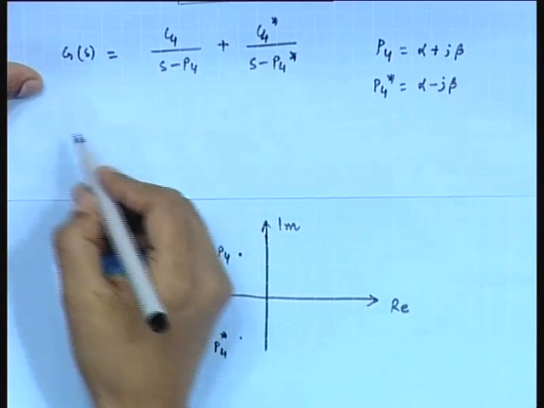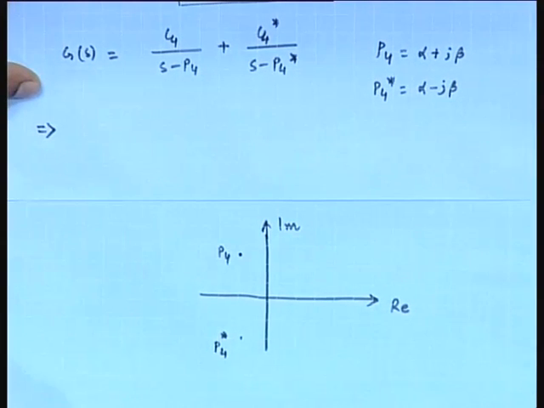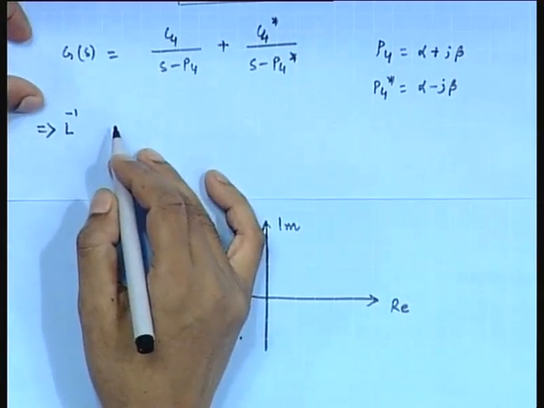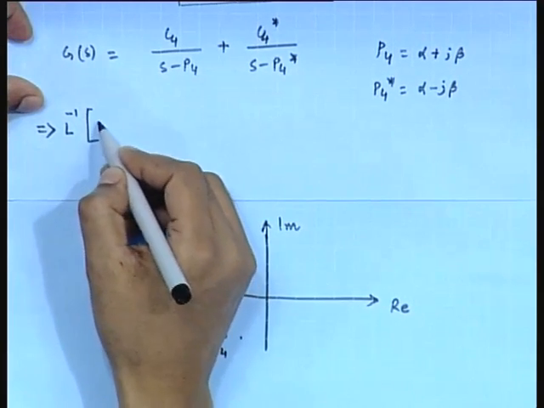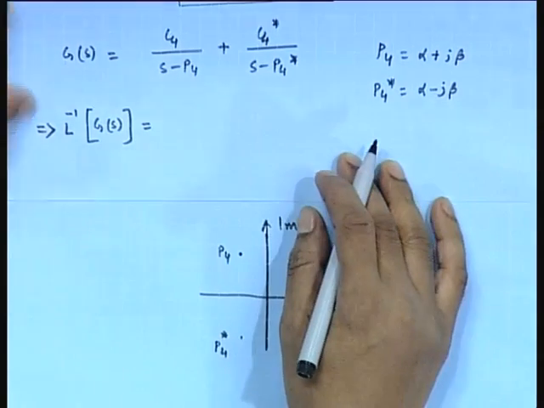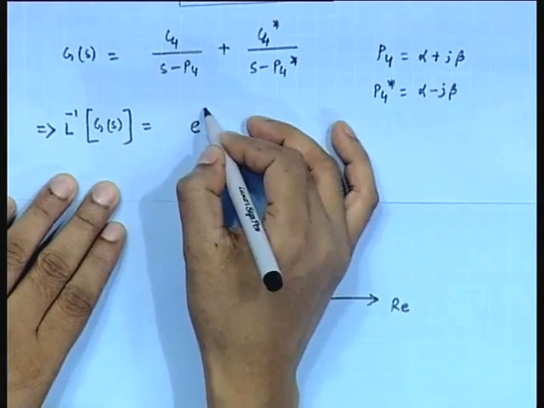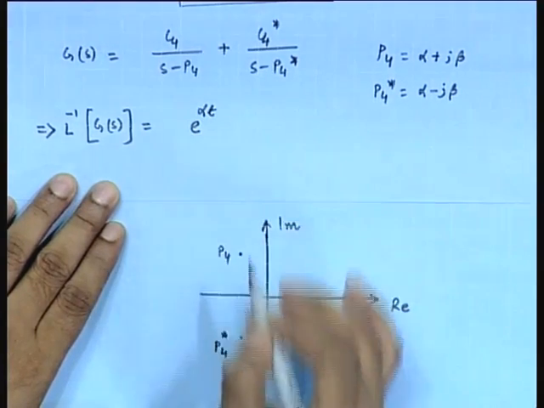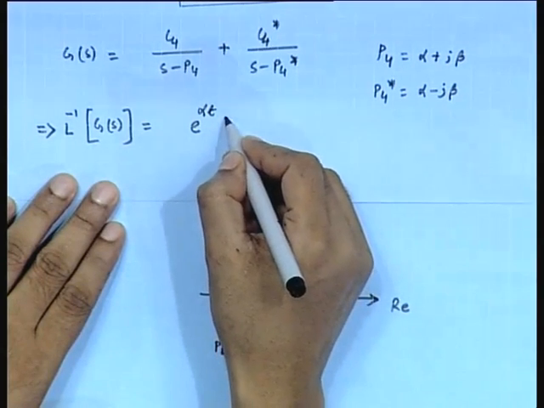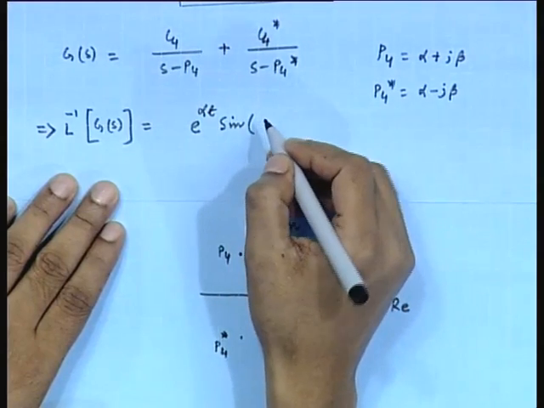Now, as usual we need to take the inverse of Laplace transform. If we take the inverse of Laplace transform, the right hand term includes one exponential term, exponential of alpha t, and one sine function, that is sine of beta t plus phi.